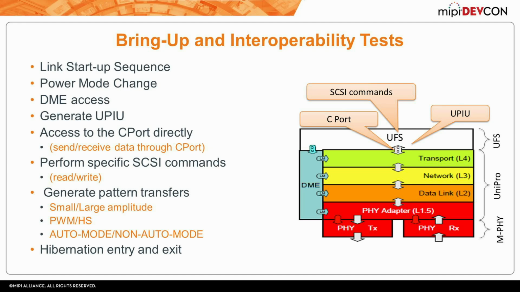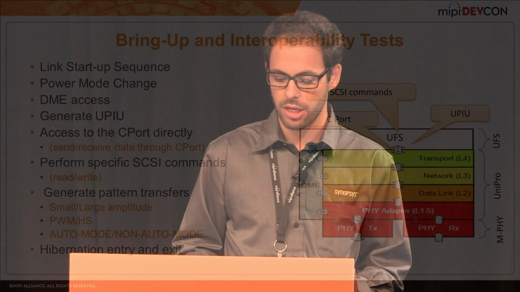I have seen users spend multiple weeks doing just the link startup sequence. Nevertheless, the link startup sequence is the first big step. Once you have done that, you are already capable of doing DMA access and communicating bidirectionally between the two nodes.